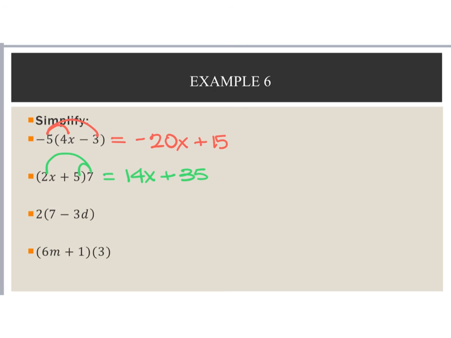Okay, for the next one, I'm going to distribute the 2 onto the 7, which will give me 14. And 2 times a negative 3d will give me a negative 6d. And the final one, I'm going to distribute 3 onto 6m, which will give me 18m. And 3 onto the 1 will give me plus 3.